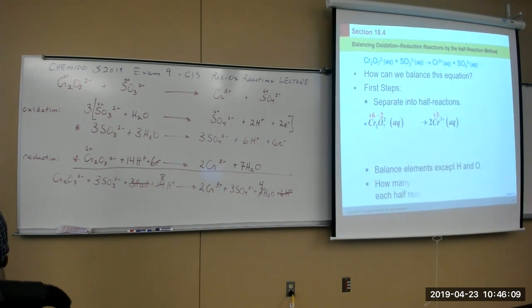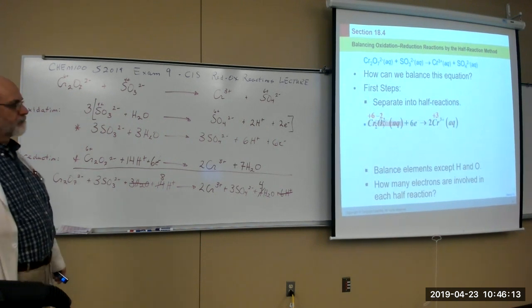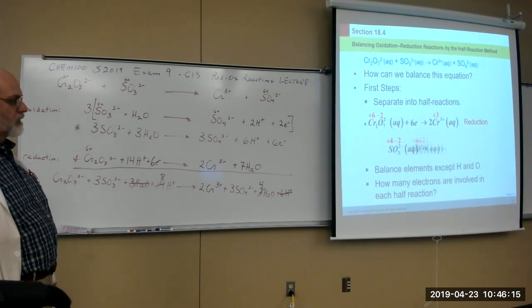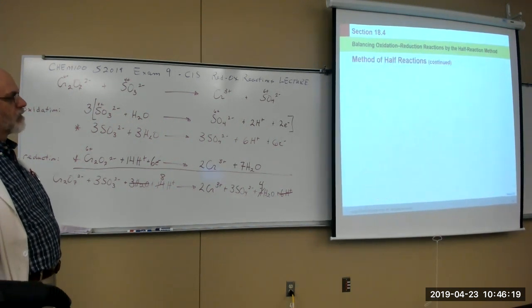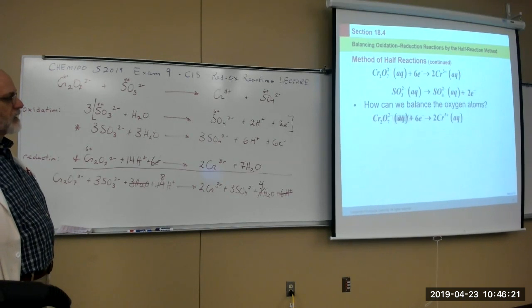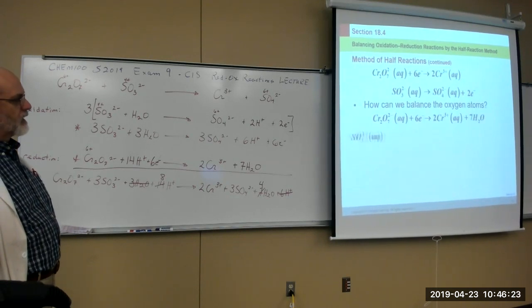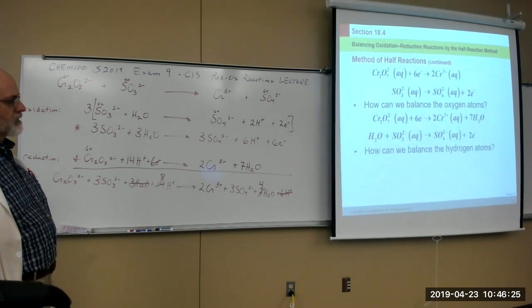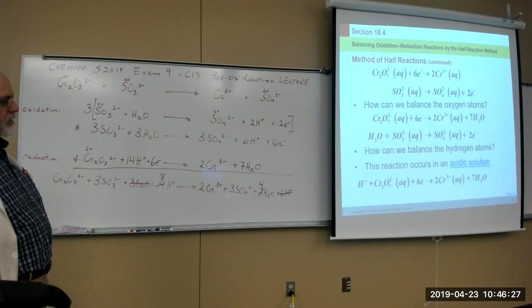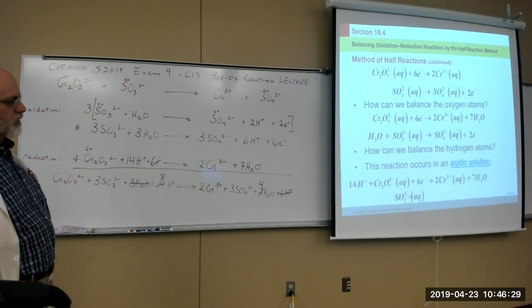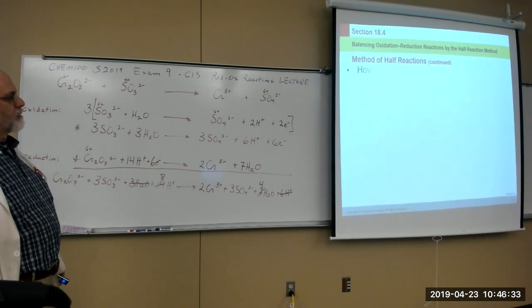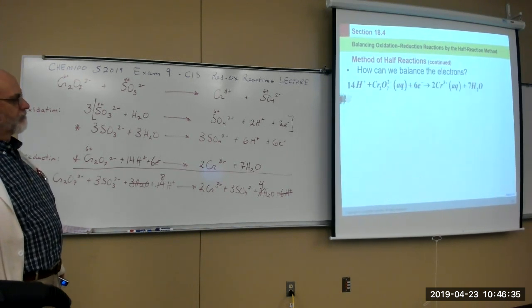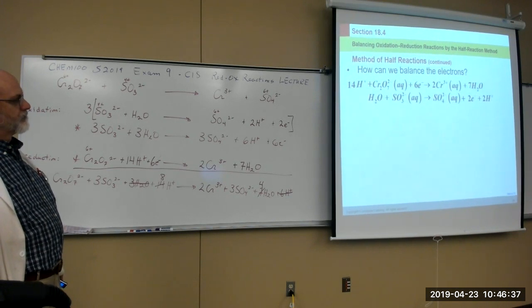Let's see, there's our reduction equation. This is our oxidation equation. Then we had to multiply. Those are steps that have already been done. Add them together.